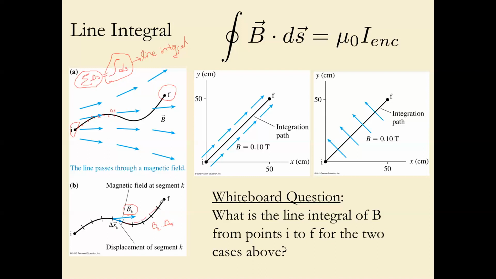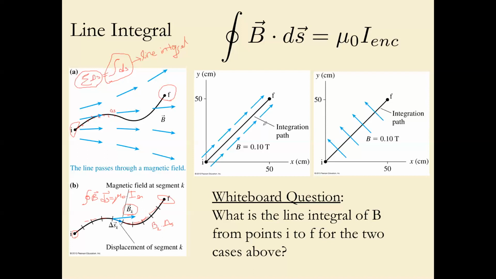When you sum up all those segments, it will be equal to the integral of B dot ds. Since it is a closed curve between the initial and final point, we say that it is a closed loop. And this line integral will be equal to mu0 times I enclosed, the enclosed current in this closed loop.